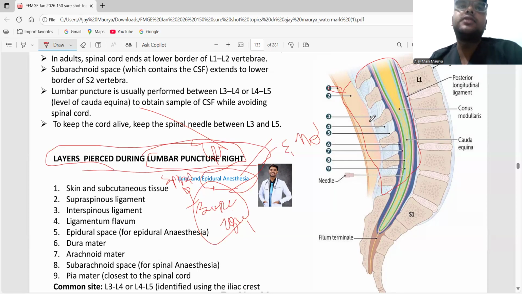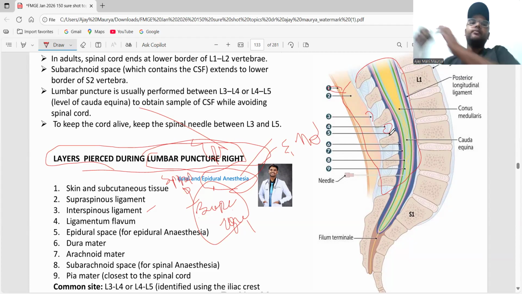Then the interspinous ligament. The fourth is the ligamentum flavum. The fifth is the epidural space. So we puncture only up to the level of the epidural space for epidural anesthesia. Got it?